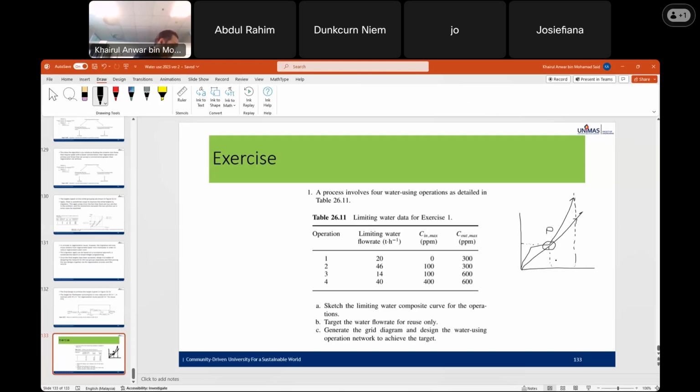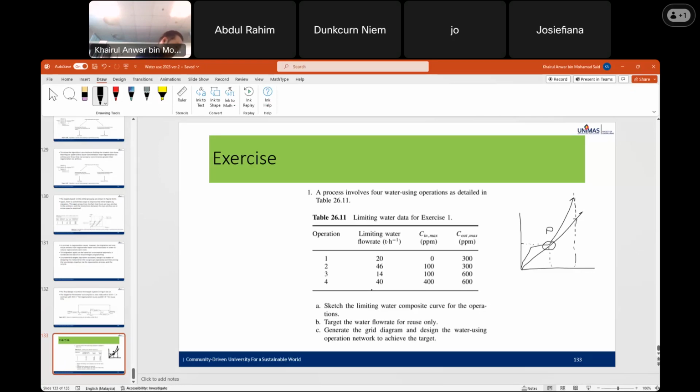The discharge here is at 600 ppm, see here the maximum 600. When you draw the streams inside the design grid, this refers to figure 26.18 inside the book, page 597, so you have four streams.